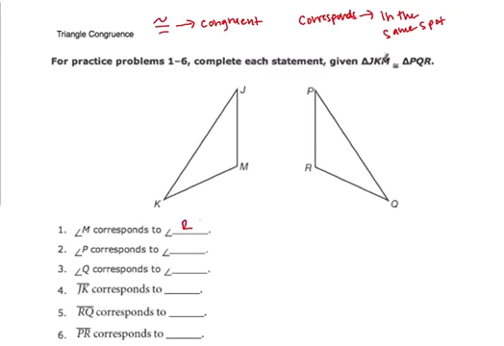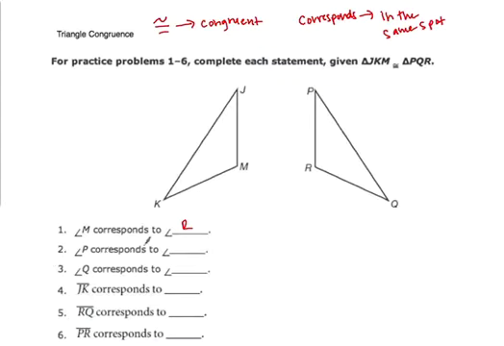Now, if I don't have that information and I'm just looking at the triangle, I know that R corresponds to M because these triangles are almost like mirror images of each other. M is the point between the two endpoints, and R is the same case: the point in between the two vertices.